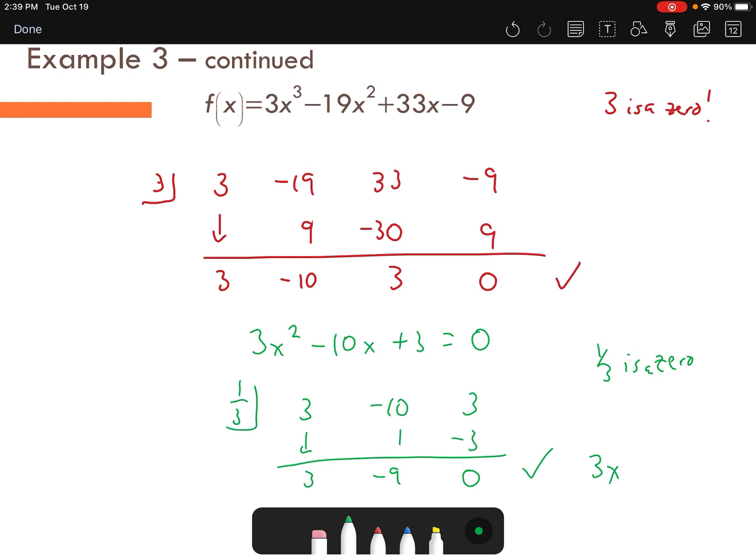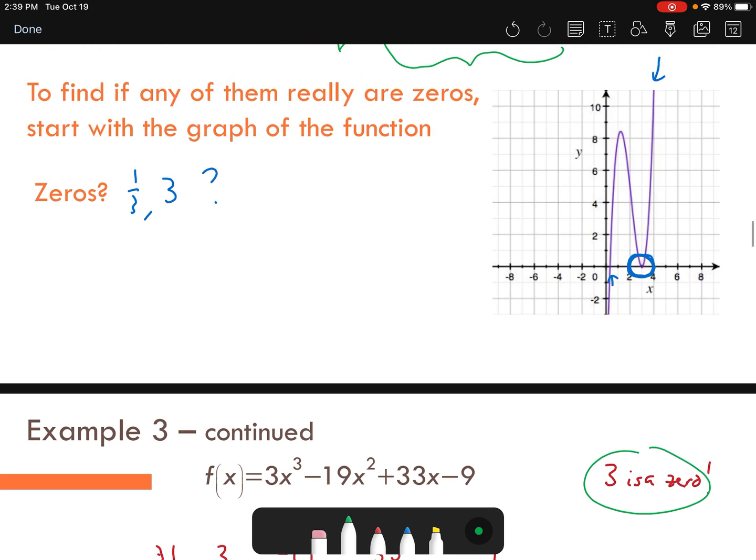So the other one, what we have left, is 3x minus 9 equals 0. Well, wait a minute, guys. Did we not catch that this multiple 0 is located at 3? Remember, from lesson 3.2, we talked about multiple zeros when we have a bounce right here.